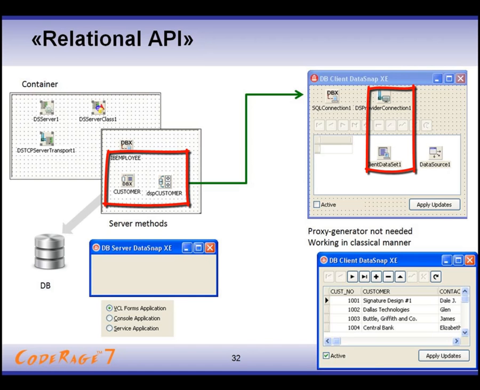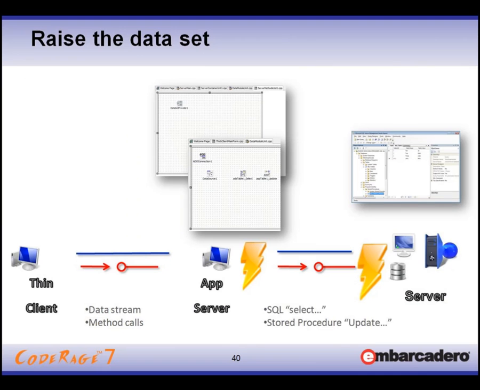Works well and can be implemented in design time with no lines of code. So, what am I doing? I'm taking the dataset from the data module and then add the dataset provider component and throw it in the direction of the thin client.